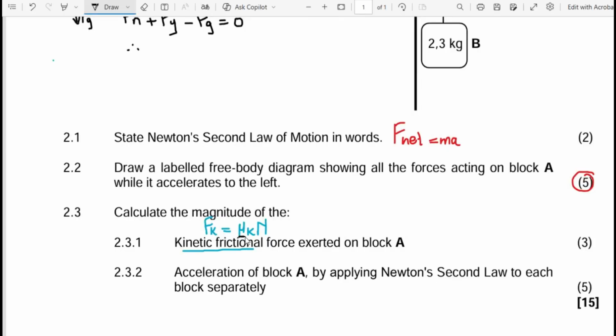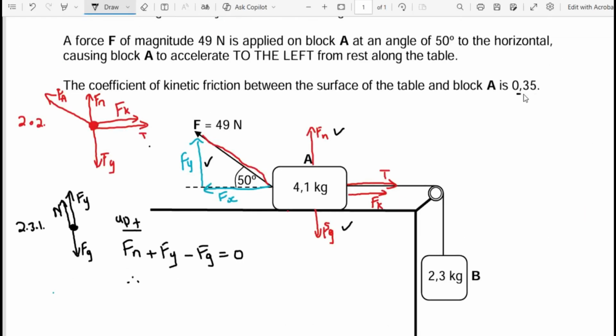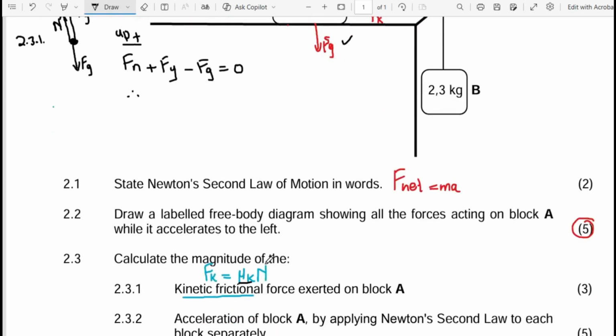Because we are trying to calculate the normal force, look at this. We have the coefficient of kinetic friction, given as 0.35. We have that UK, it's given as 0.35, but we need to calculate the normal force. So we said that if the force is applied at an angle, there's a vertical component that reduces the normal force. So my Fn is equal to, look at this, the Fg comes to this side to be positive.